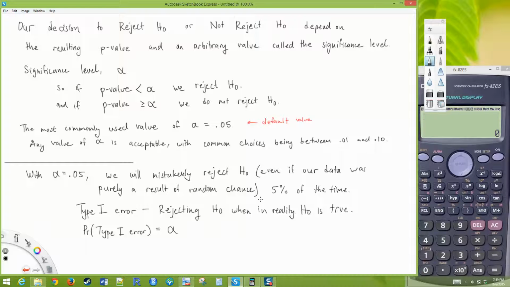And so our choice of alpha reflects our willingness to make a type 1 error. So we are saying I'm willing to live with making a type 1 error 5% of the time when I say alpha is 5%.